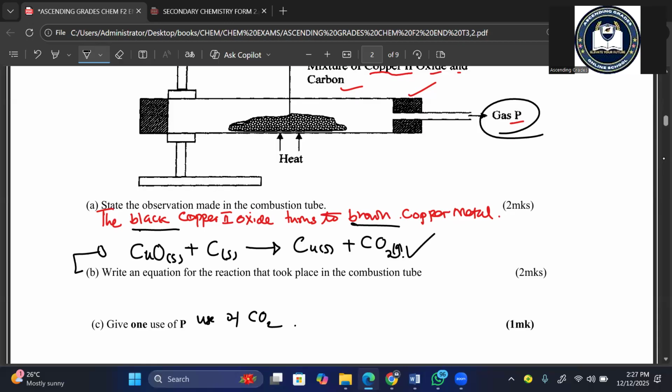It is used in making soft drinks. It is used as a fire extinguisher.